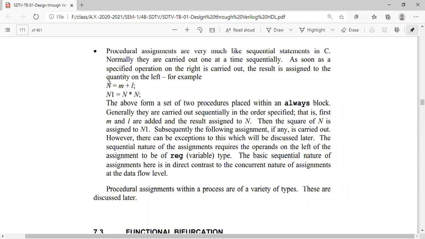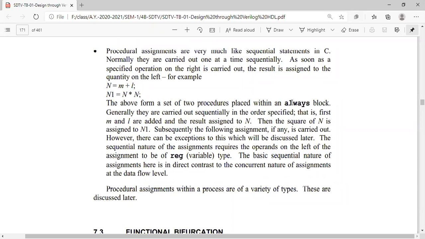That value has to be substituted in this N. After getting the value here, that will be substituted here. That means if both execute concurrently, we don't find a value for n1.